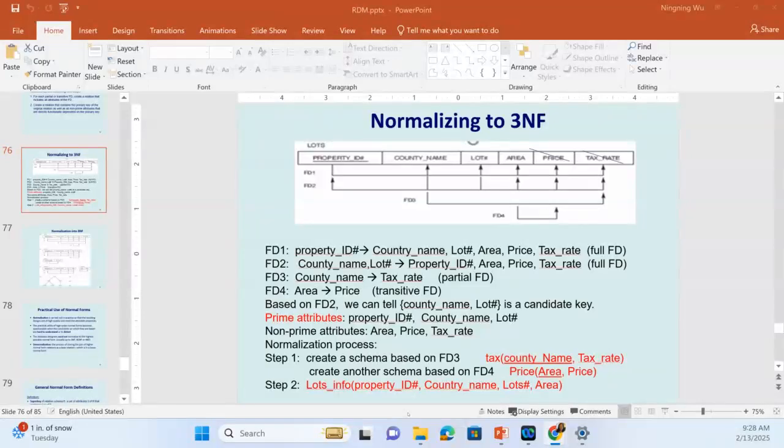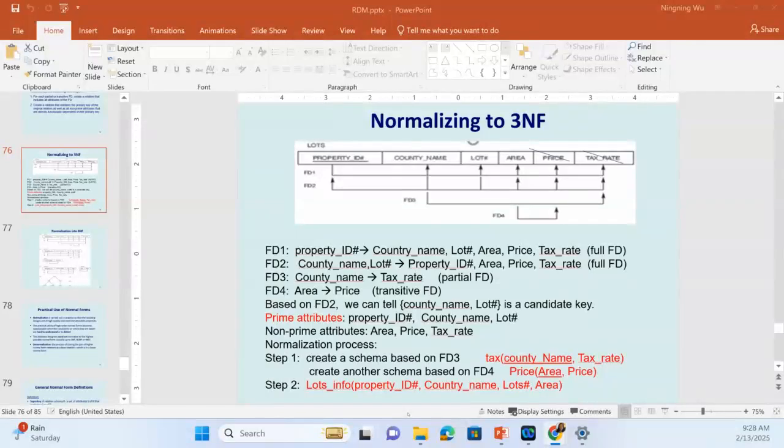So then we can further partition the functional dependencies into 3 categories: full functional dependencies, partial functional dependencies, and transitive functional dependencies. If a schema is in second normal form, it must be in the first normal form first. And then it also requires that no non-prime attribute is partially dependent on the key, or is dependent on the partial key.